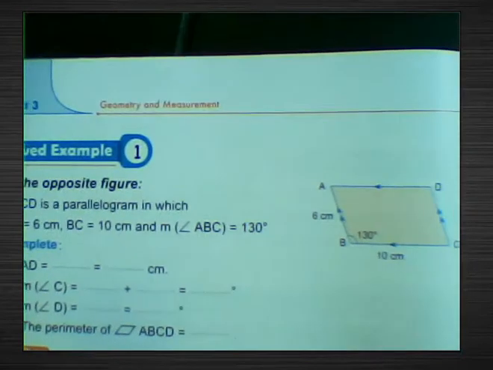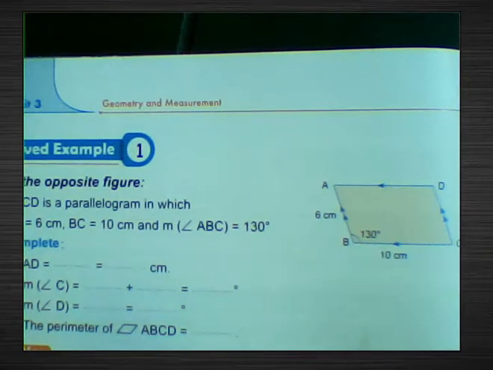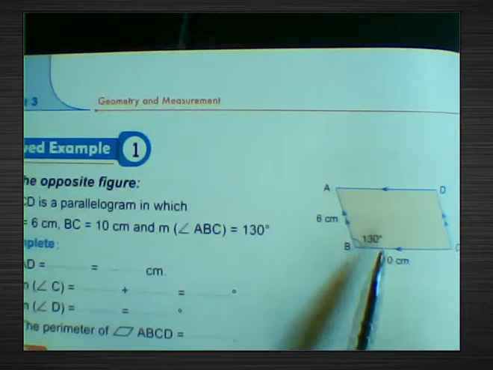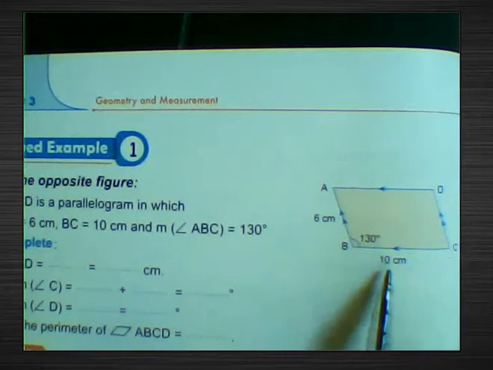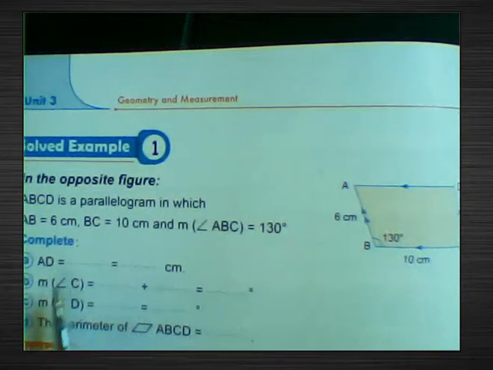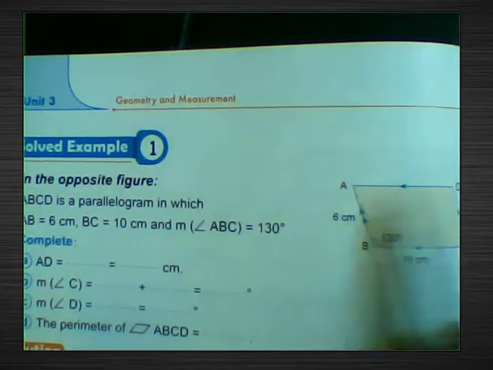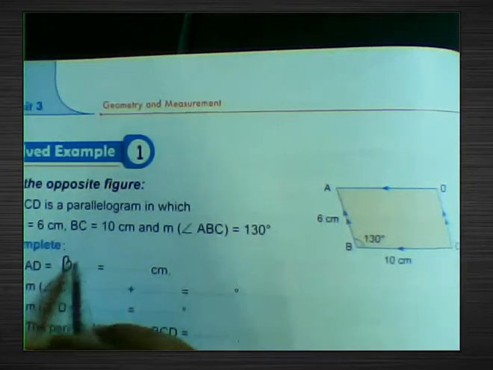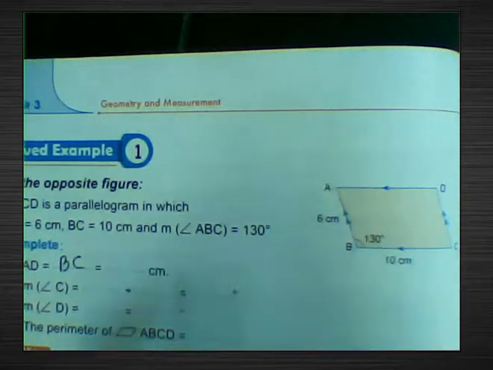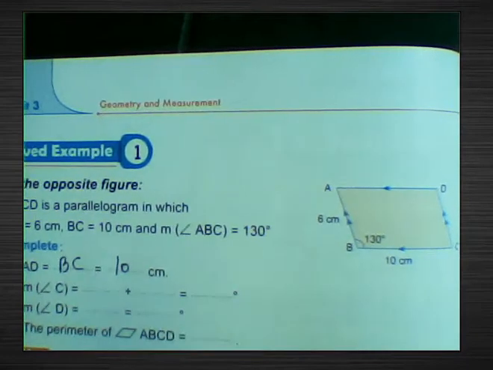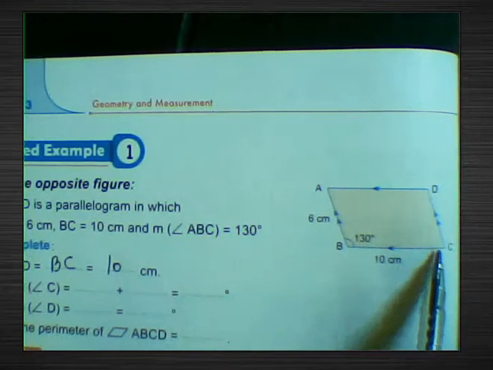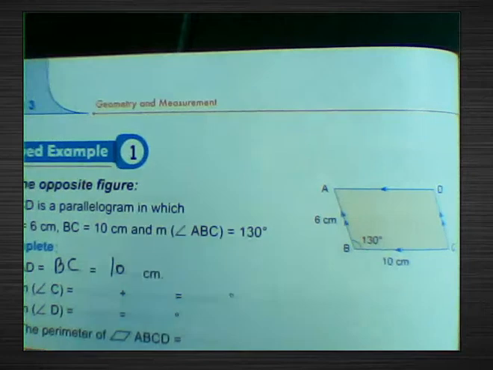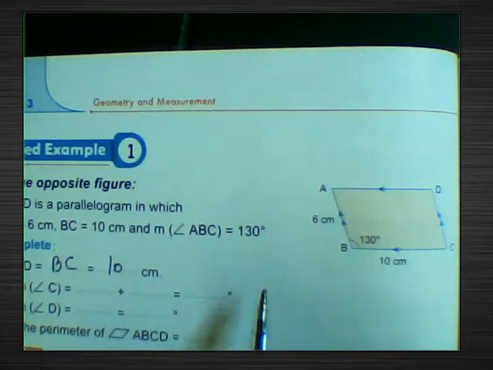Look at this parallelogram ABCD. AB equals 6 cm, the measure of angle B equals 130 degrees, and BC equals 10 cm. Complete. AD equals BC equals 10 cm, and the measure of C equals the measure of A. Each opposite angles are equal in measure.